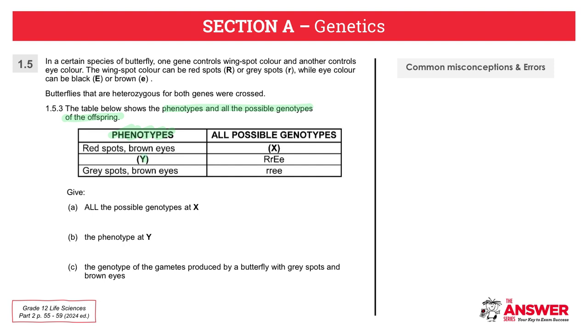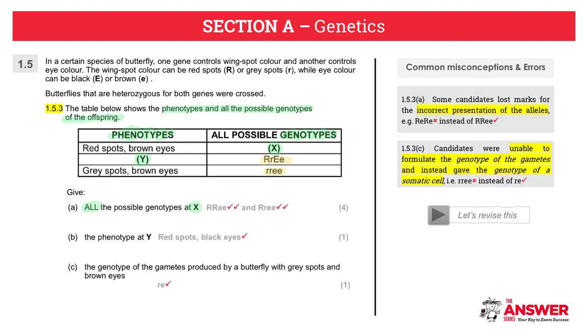They give you an unknown phenotype Y. They say gray spots and brown eyes, and then they provide you with the possible genotypes where you have to provide X. They give you the genotype for the unknown phenotype, big R, big E, small e, and then gray spots and brown eyes is the completely recessive genotype with 2 small r's and 2 small e's. Then they ask you for all the possible genotypes at X. Now remember that red spots is the dominant trait, and brown eyes is a recessive trait.